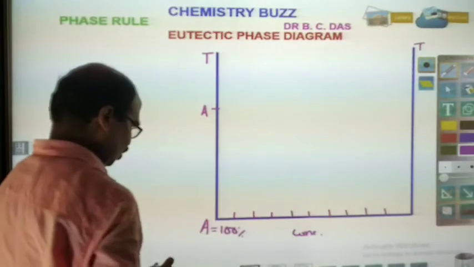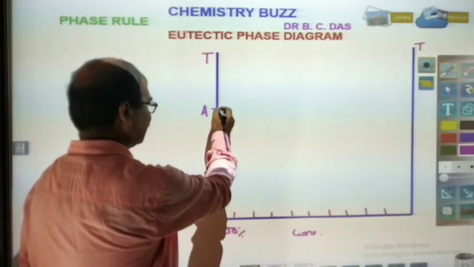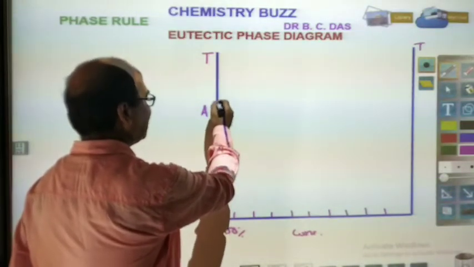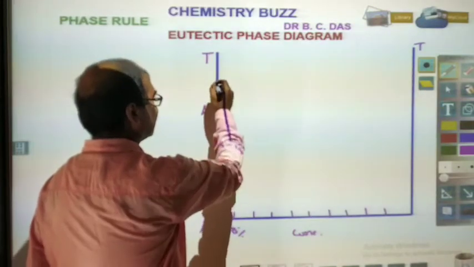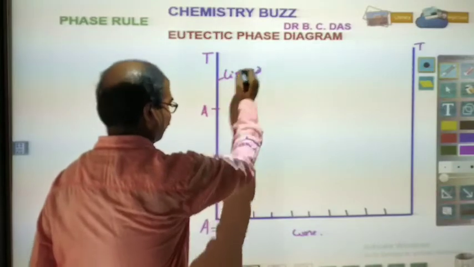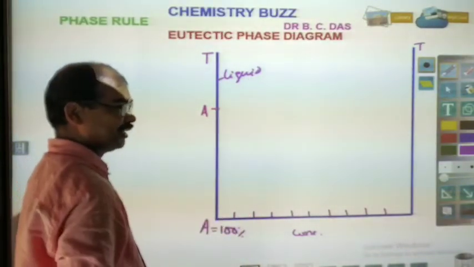If we heat A, then at this point it will start melting, and above this point it is in liquid state, and below this point it is in solid state.